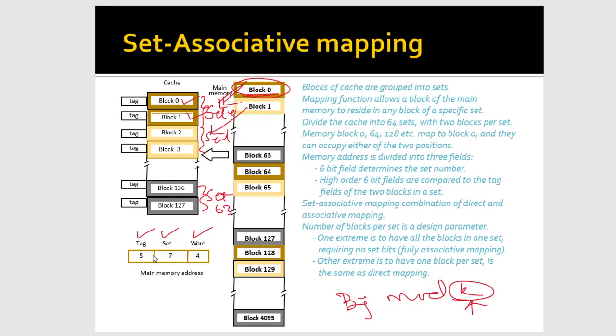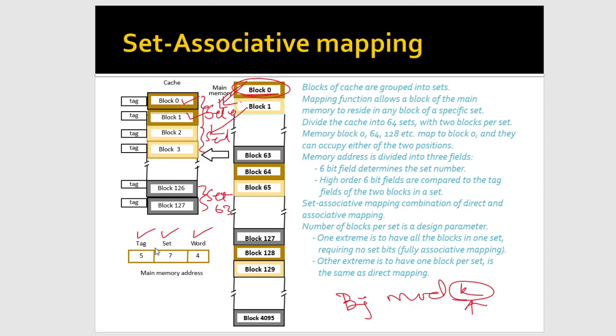This tag is different from the tag of direct mapping as well as the tag of associative mapping. We have to compute the set looking at how many blocks are in the cache and how many blocks are in a particular set. Dividing the number of blocks by the number of blocks per set will give us the value for set.